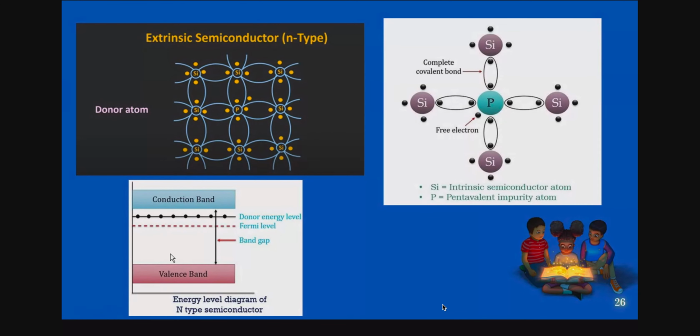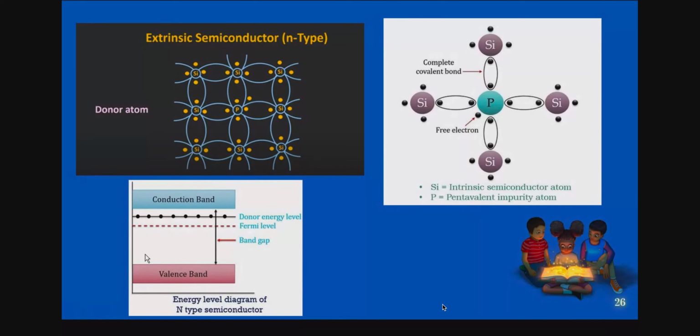In the p-type semiconductor, the top layer of the valence band is called the acceptor energy level. In the same way, in n-type, the bottom level of the conduction band is called the donor energy level. This is due to the donor atom, that is, the phosphorus atom.